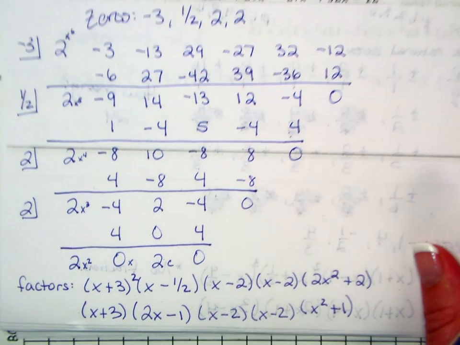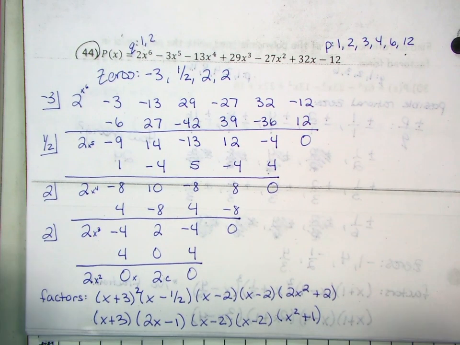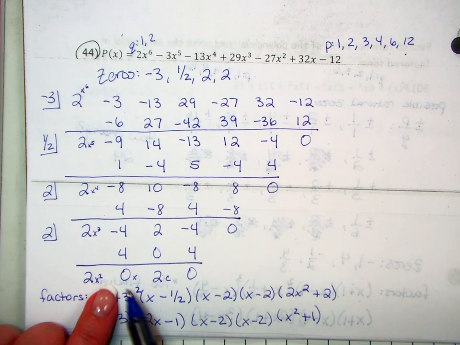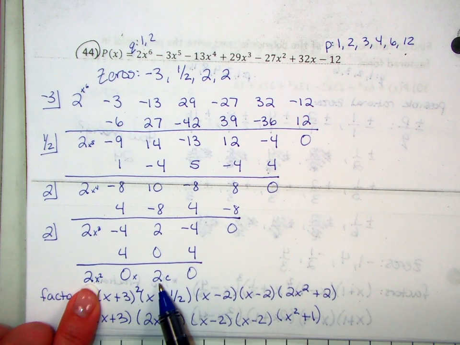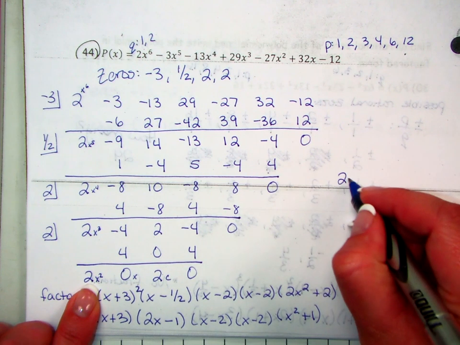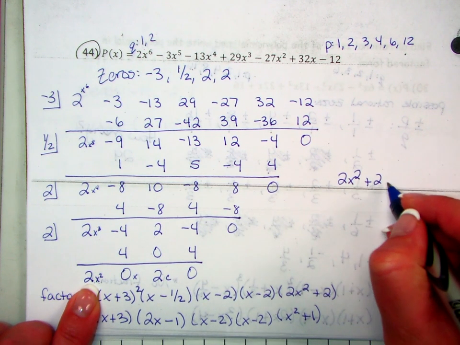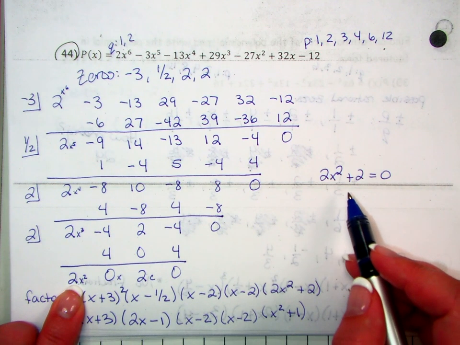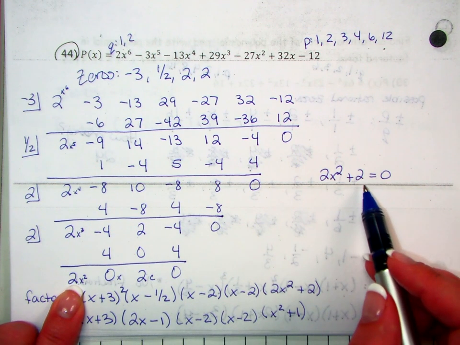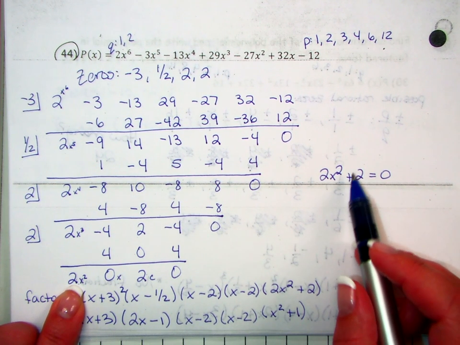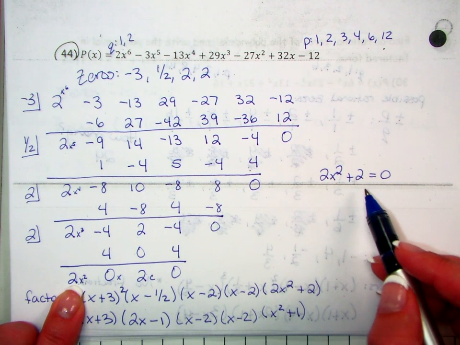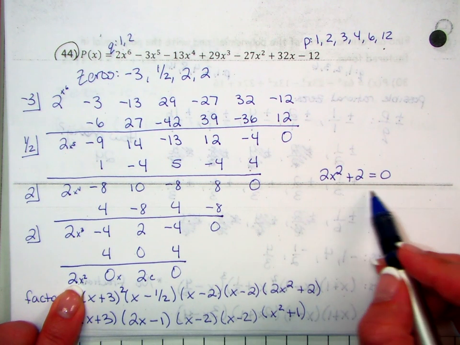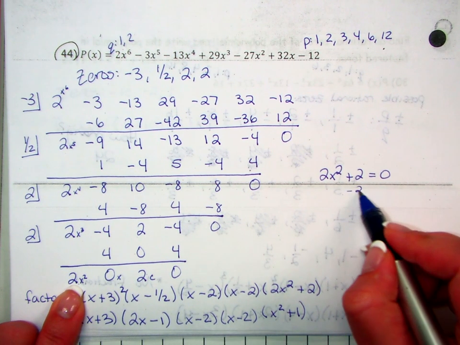Now, where are the other zeros? Okay, so the other zeros come from our quotient. So if I take the 2x squared plus 2 and set it equal to 0 and solve, that's where the other 2 zeros come from. So this one, we don't need to do the quadratic formula because we don't have a middle term. Right? You can. There's nothing wrong with that. But I am going to just move the 2 over.